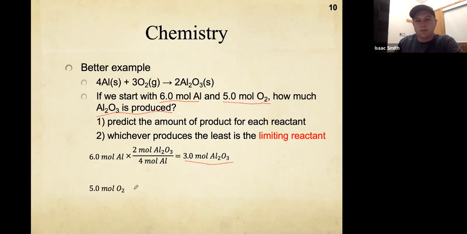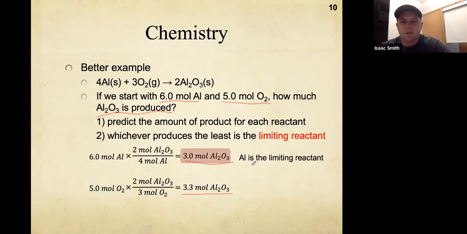Starting with 5 moles of oxygen, we use the mole ratios from the chemical equation, right? 3 moles of oxygen will produce 2 moles of aluminum oxide. If you run that calculation, it tells us that 5 moles of oxygen is going to produce 3.3 moles of aluminum oxide. Again, after you do these 2 calculations, you look at the smaller number, right?